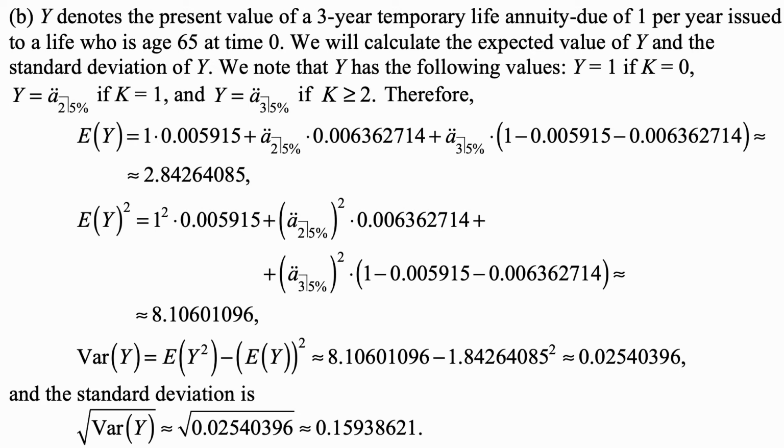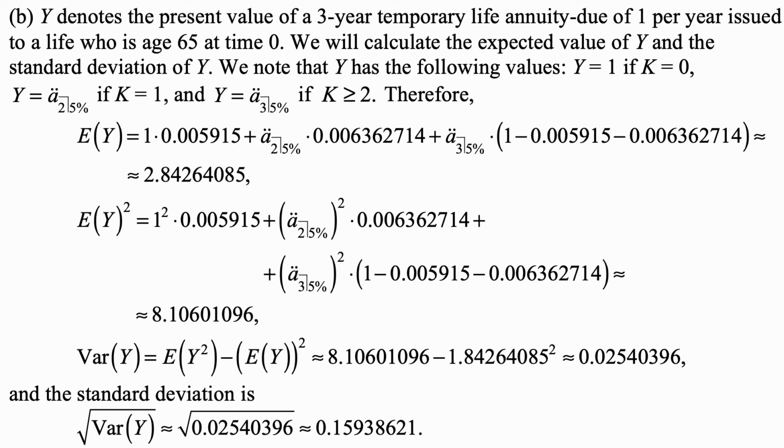Y is equal to a double dot angle 2 at 5% if K is 1, and Y is equal to a double dot angle 3 at 5% if K is greater than or equal to 2. So the expected value of Y is just the sum of its values times their probabilities that we just calculated in the table in part A.